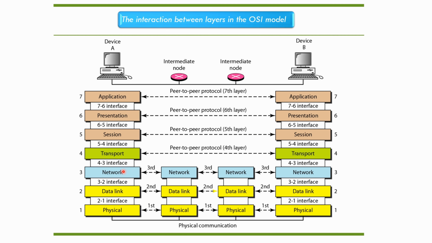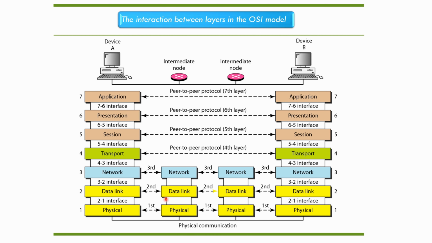Here you can see IP version 4 and IP version 6 addresses will be in the network layer. The data link layer only checks the MAC address and sends frames to the physical layer. The physical layer converts the frames to bits to transmit.